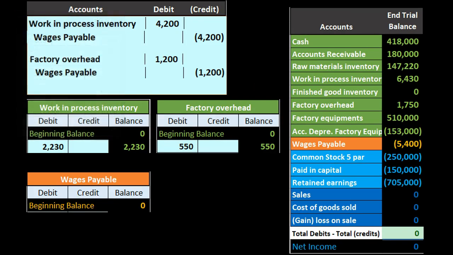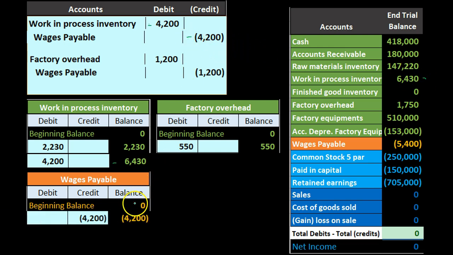So if we look posting the journal entry to the general ledger, we've got the work in process here. The work in process was at 2,230. It's going to go up by the 4,200 to 6,430. That then is what we have here, 6,430. Wages payable was at 0. It's going to go up by 4,200.